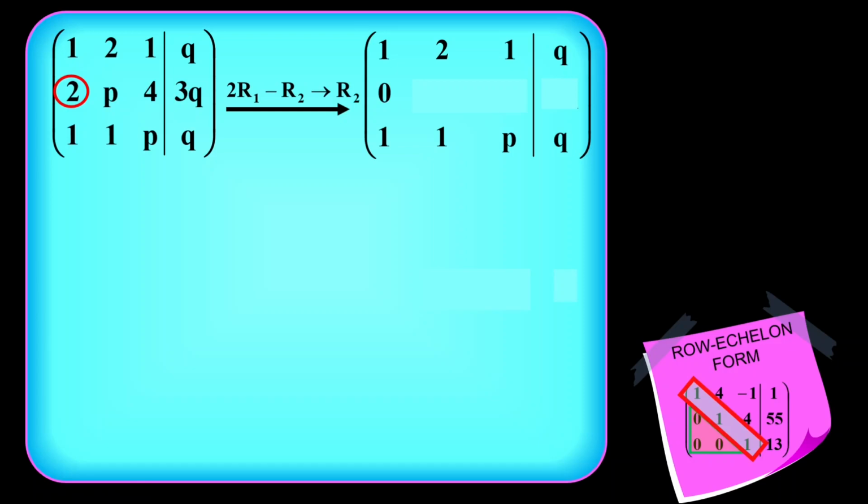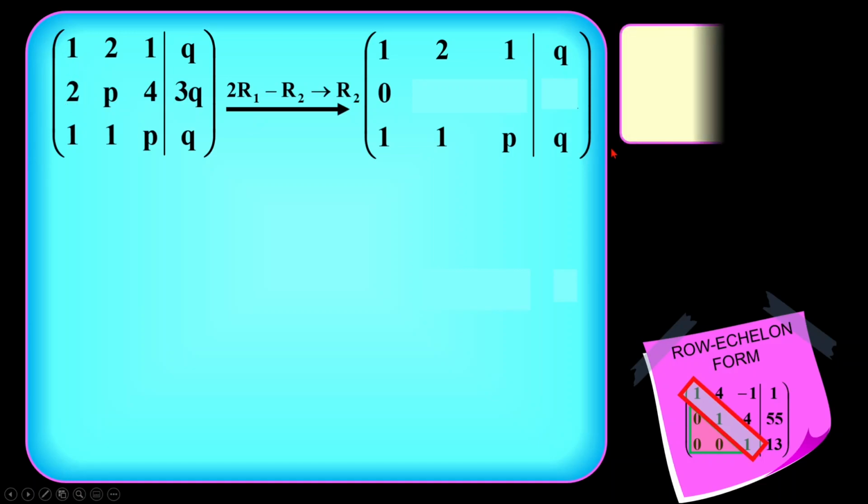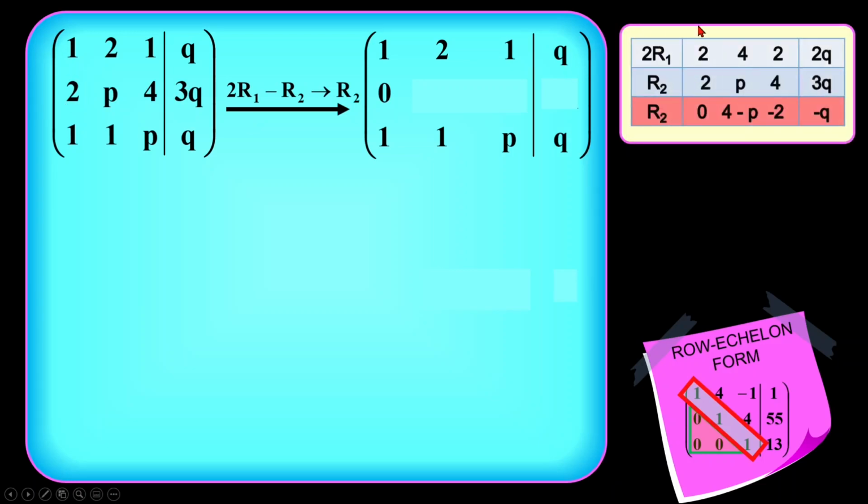So just in case you don't do much mental calculation, you can build a box like this, or you can just roughly sketch something like this. Okay, this part here, the working here, is optional.